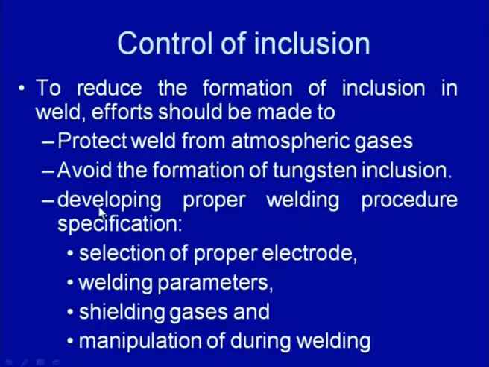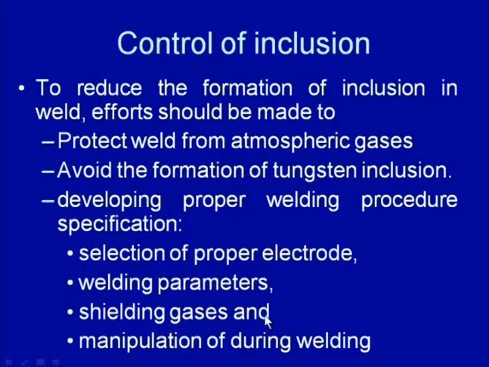Further, the proper welding procedure should be established, so that we select the proper kind of electrode, suitable welding parameters are used, the correct kind of shielding gas is used, and the arc is manipulated properly, so that the unnecessary presence of gases in the arc zone is avoided, and the degradation and decomposition of the tungsten is reduced during the welding, especially in the tungsten inert gas welding process.